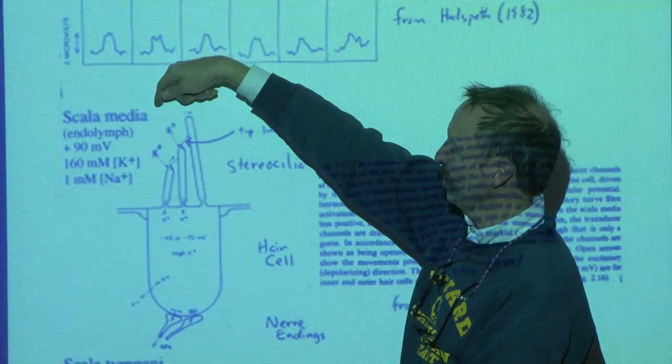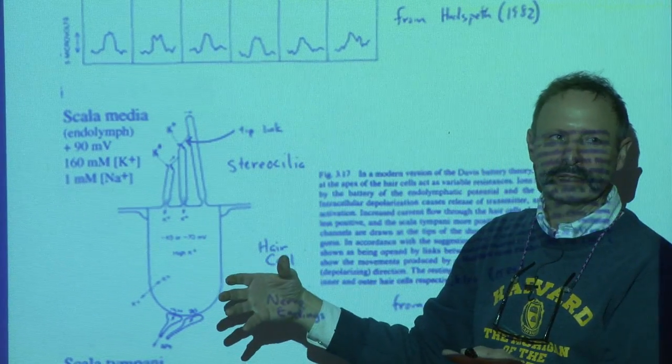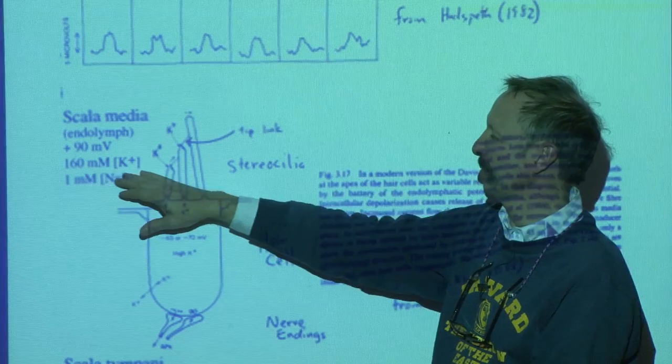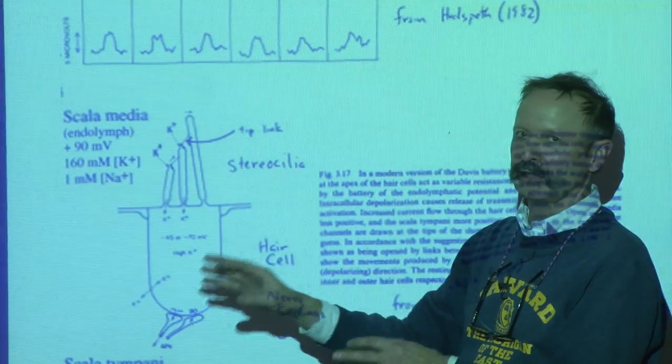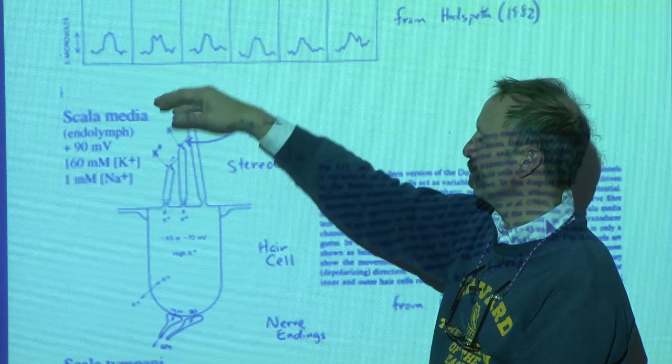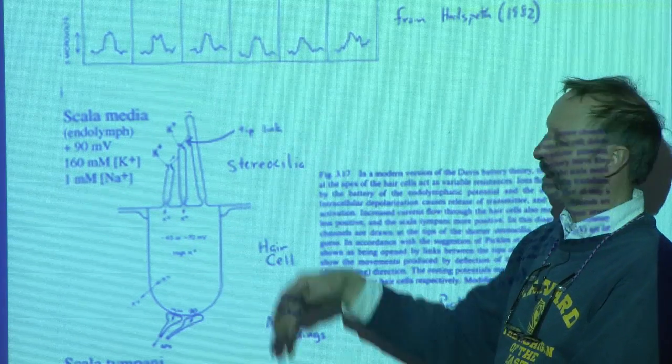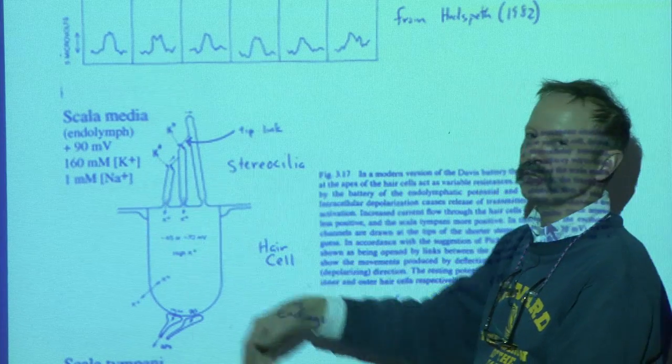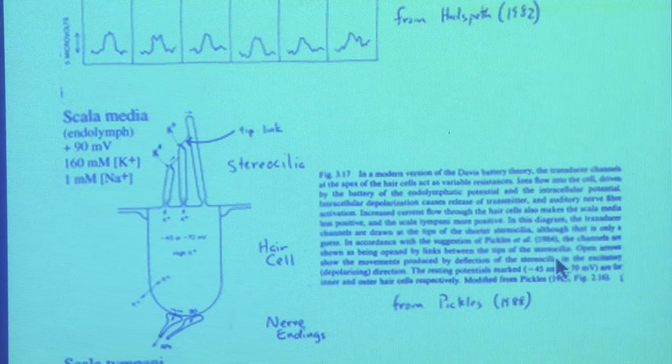The transduction channel opens, and it's relatively non-selective for positive ions or cations. The big concentration here is potassium, so potassium is probably the ion that flows into the hair cells when the transduction channels open up.